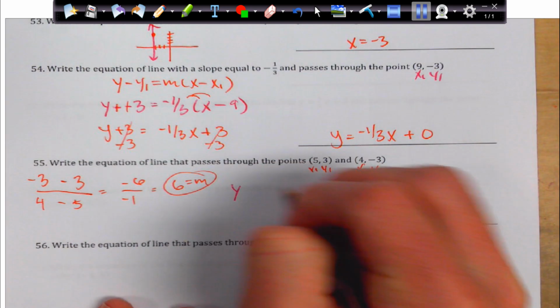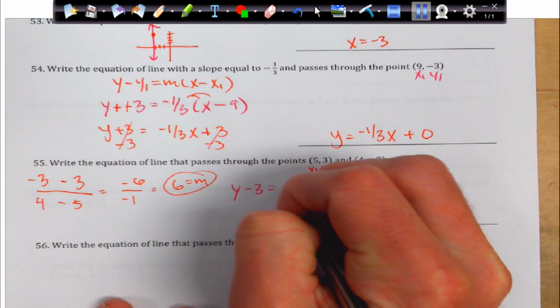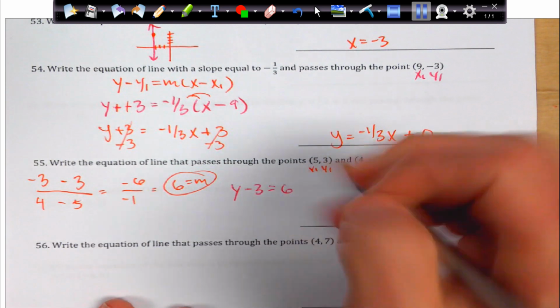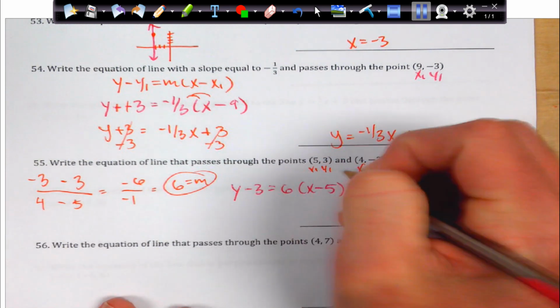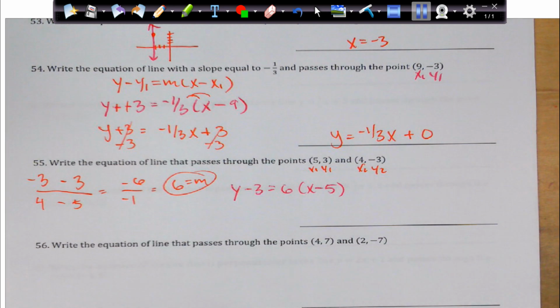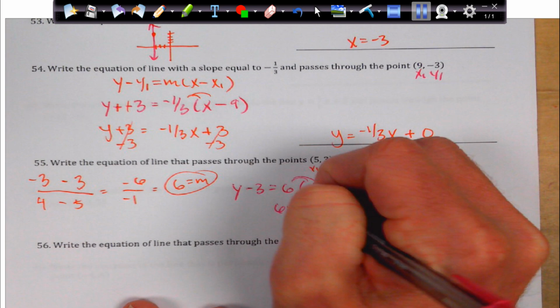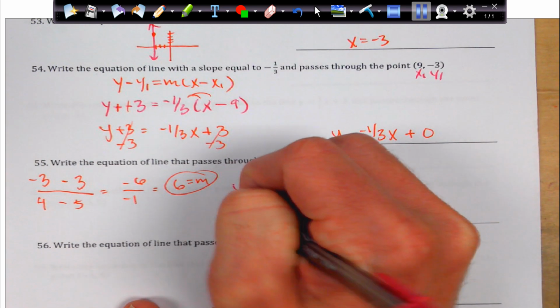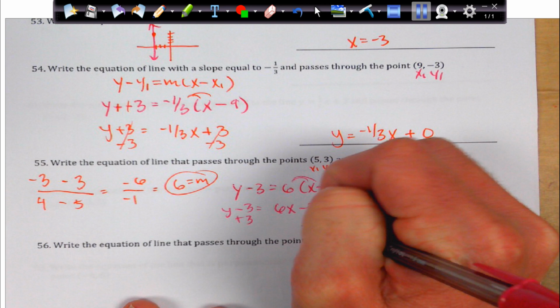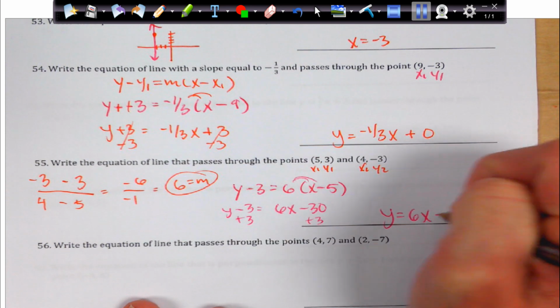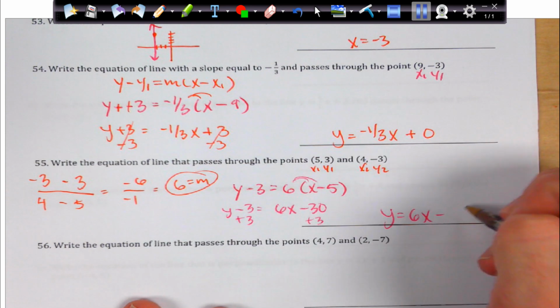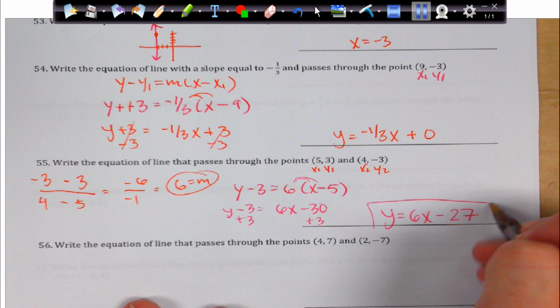So y minus y1 equals my slope 6, and then x minus x1. And I'm using the same point, x1, y1. I could use x2, y2, but I chose to use x1, y1. Distribute, we get 6x minus 30, and then add 3. So we get y equals 6x minus 30 plus 3, which is negative 27.